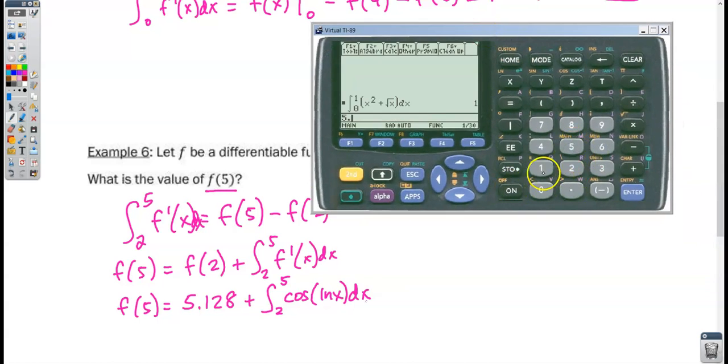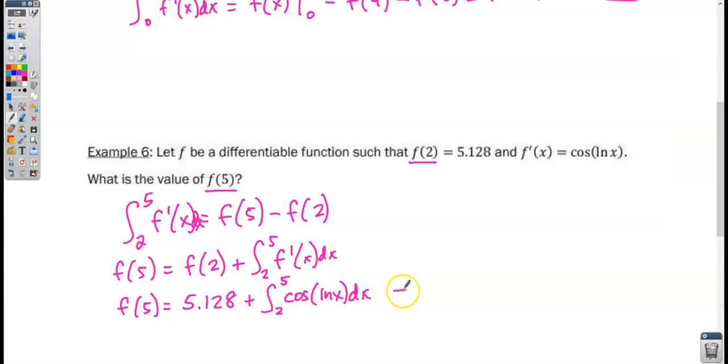And it's going to be 5.128 plus the integral of the cosine of the natural log of x with respect to x from 2 to 5. And we get 6.121 as the value of f of 5.